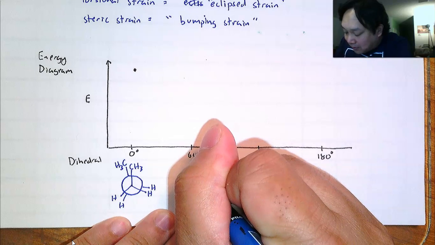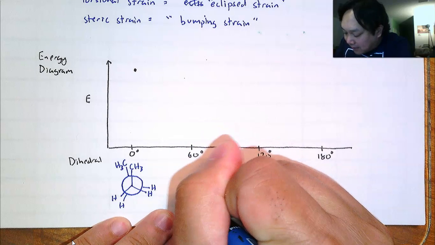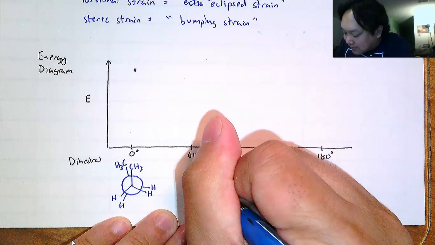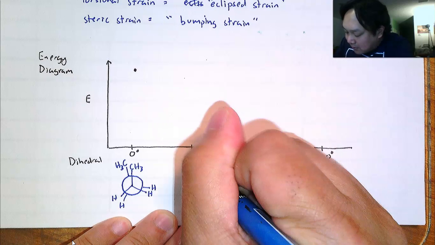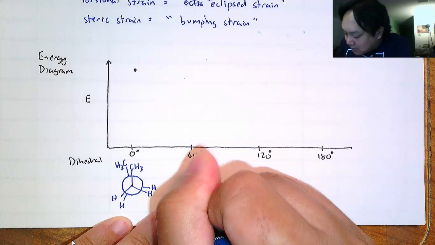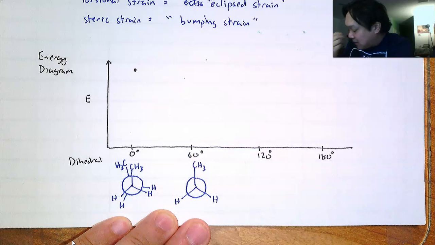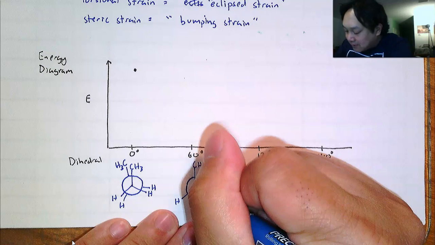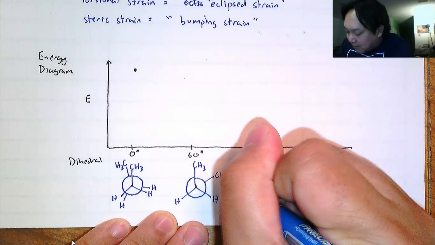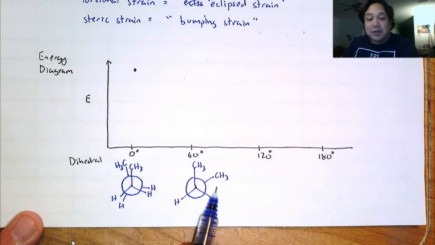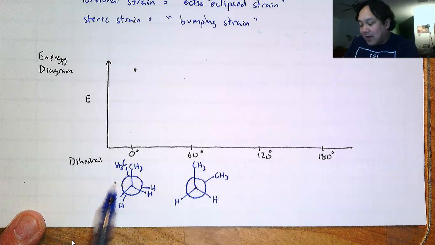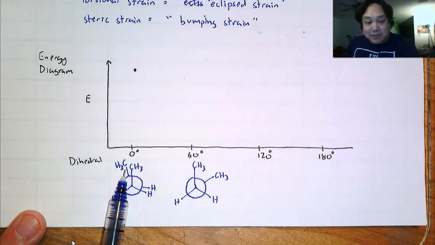We're going to toggle between eclipsed and staggered. So if the front carbon is steady, not moving, we have this. And the back carbon moved 60 degrees, and we have the methyl group now off to the side at the 2 o'clock position. Right now, this is at the 12 o'clock position.